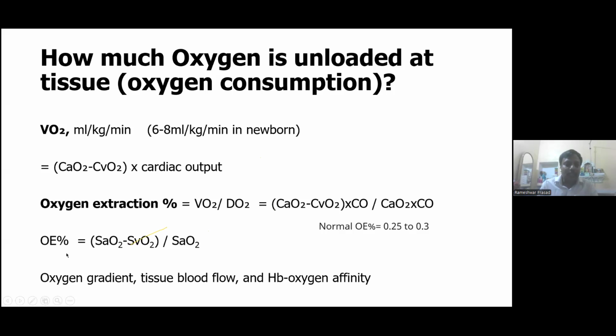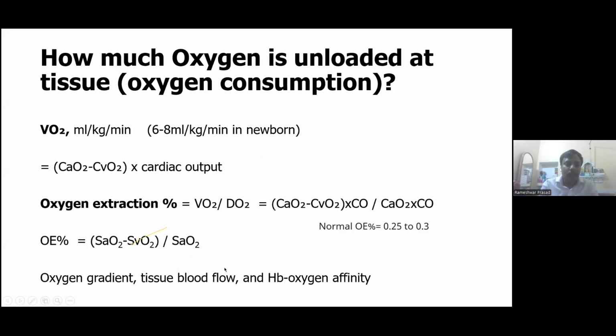Now, this oxygen extraction at tissue level, that means unloading of oxygen from hemoglobin at tissue level, will also be affected by multiple factors. One is oxygen gradient, second is tissue blood flow, and third is hemoglobin oxygen affinity. If oxygen gradient is low, oxygen extraction will be low. If oxygen gradient is high, oxygen extraction will be high.